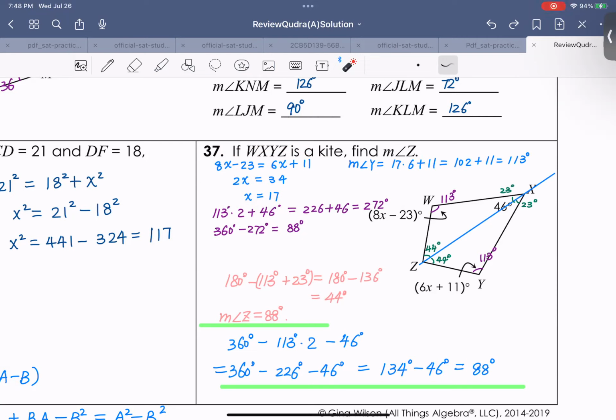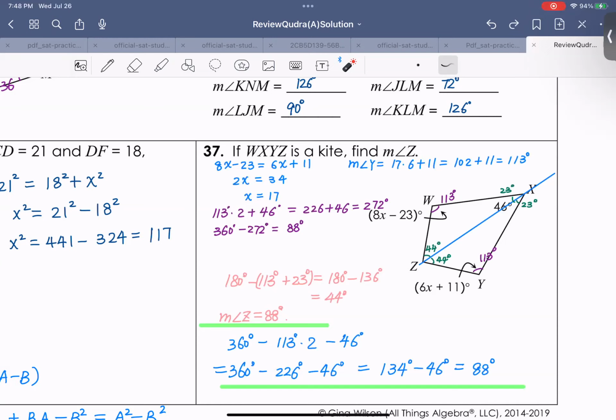Not correct. You solved your x correctly, that's true. And then look at 80. You solved your x, so you figured out these two angles are 113 degrees, right? And then this is 46 degrees. The total is 360.